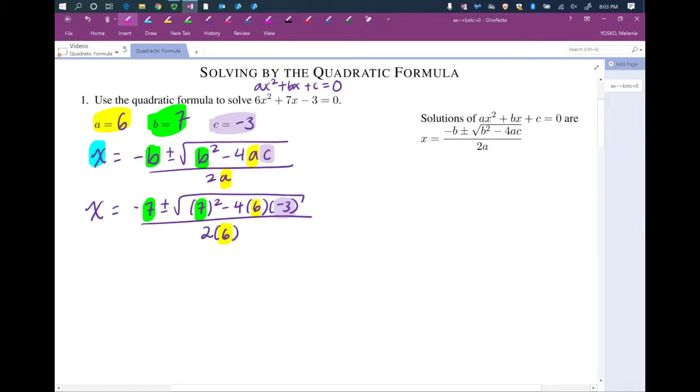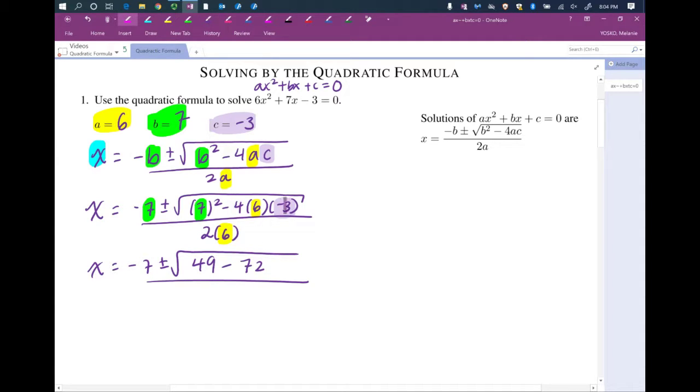Then we start cleaning it up. x equals negative 7 plus or minus the square root of, well, 7 squared is 49. And then we have negative 4 times 6 times negative 3. 6 times 4 is 24, times 3 is 72. But notice, be very careful.